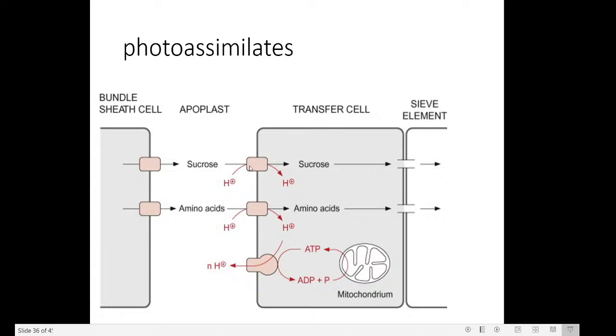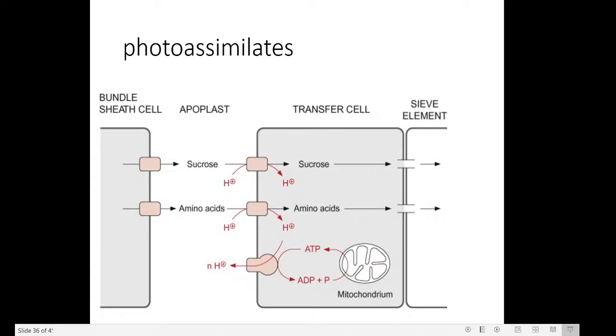The sugar molecules are transferred to the cells. During the transfer, hydrogen ions also transfer. This process is called the apoplast. After the apoplast, the sugars are moved to the sieve elements. The sieve elements are other transport cells.